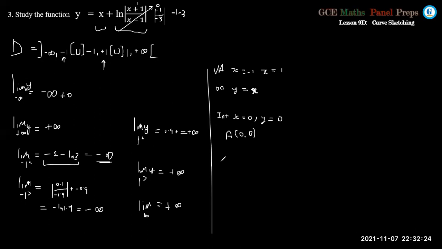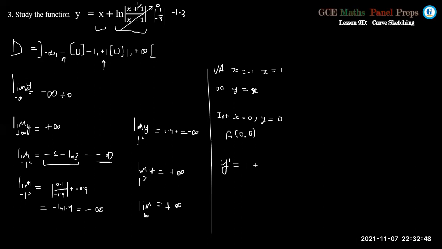Now we can get the gradient function y prime. These are two functions. I'll differentiate the first function x, and I'll have 1 plus, when you differentiate this logarithmic function, the derivative of the core divided by the core.